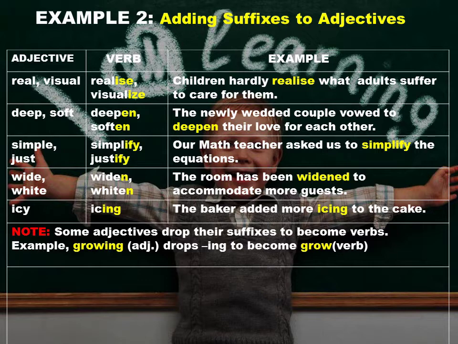So also applies to simple and simplify. Just take note of those attachments in yellow ink. They are all suffixes. So simple, adjective. Simplify, verb. That's to make it simple.